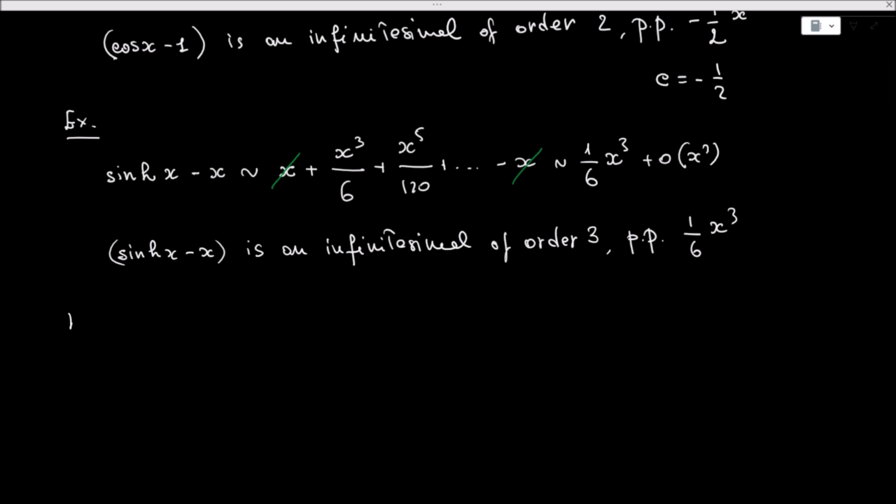Let's give a final example, and we'll see that this definition is not always easy to apply. It's not always easy to identify the order of infinitesimal of a function. For example, if we consider the function x logarithm of x, well, we know that when x goes to 0, this goes to 0. So yes, this is an infinitesimal.